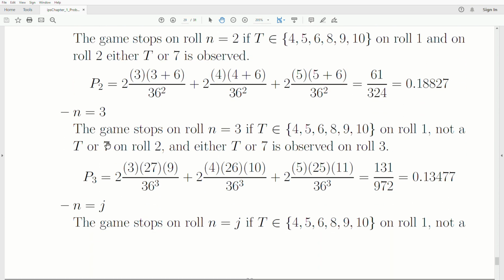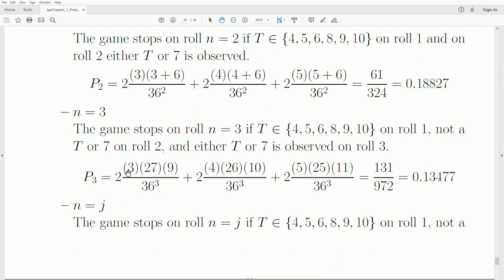Now, for n equals 3, the game stops on roll 3 if the point is one of these numbers on roll 1, meaning we didn't win instantly, not the point or 7 on roll 2, and either the point or 7 on roll 3. Again, 4 is the same as 10, 5 is the same as 9, 6 is the same as 8, so we're just going to take each of these times 2 and calculate it for 4, 5, and 6.